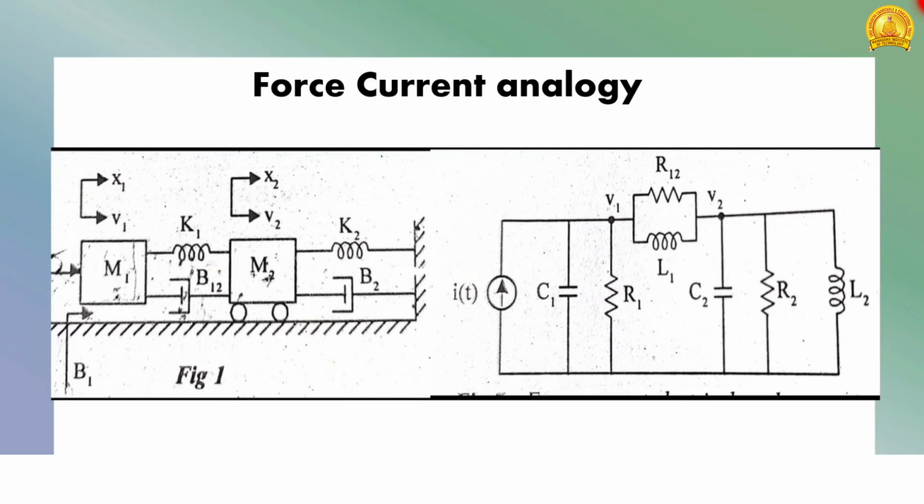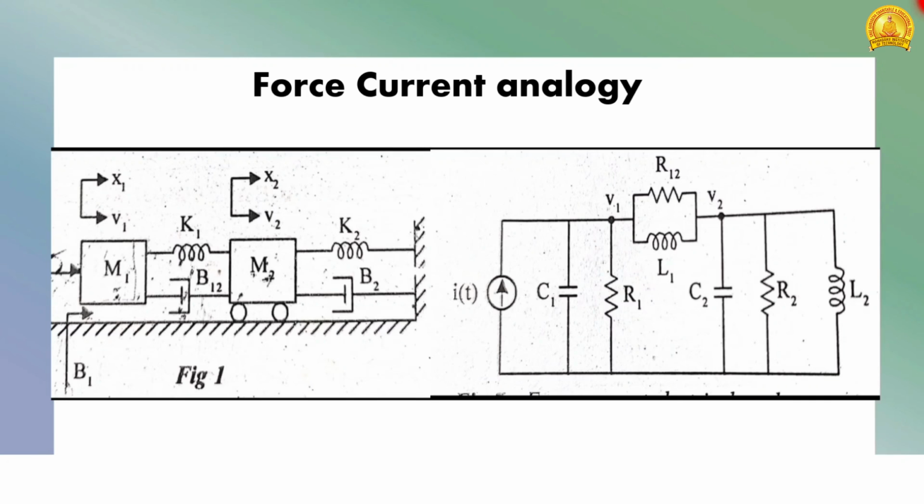Then consider all the individual elements corresponding to M1. Here you have to connect the analogous components of all the individual elements of M1 from the node V1 to the ground. That means the analogous component of mass is capacitor, B1 is resistor, and force is current. Then connect these analogous components from node V1 to the ground.